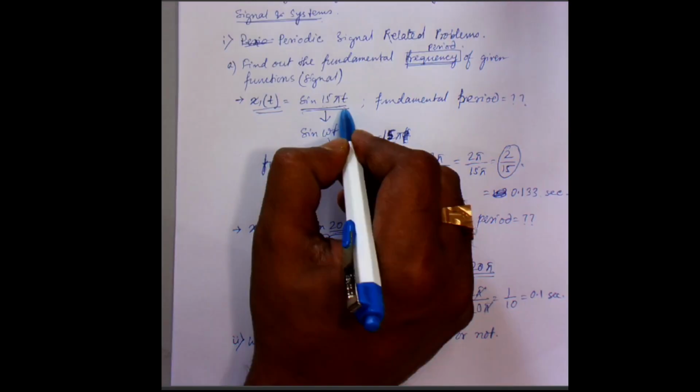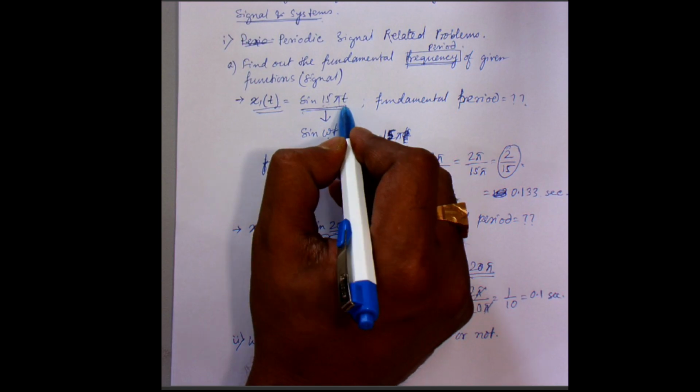Whether the signal is periodic or not, it is sin omega t with a fundamental period. So after this particular instant the signal will repeat itself. So it is a periodic function.